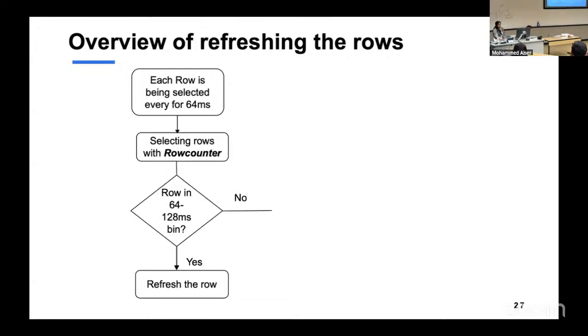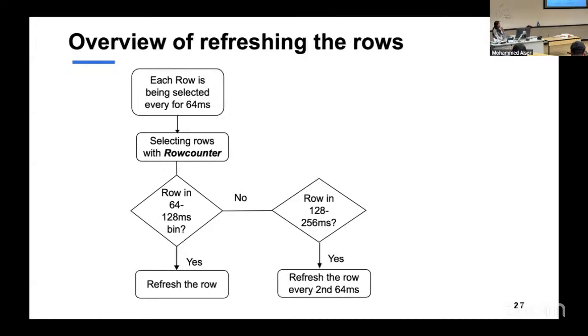If not, it keeps checking whether it is present in the 128 to 256 millisecond retention time bin. If yes, it will refresh every second 64 milliseconds. Here we are taking the refresh base interval time as a power of 2, which is a multiple of 64. And if no, it will refresh the row every fourth 64 milliseconds. So this is the overview of refreshing the rows.